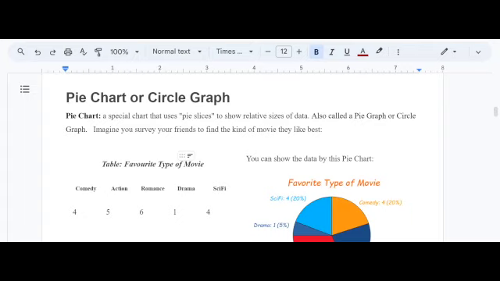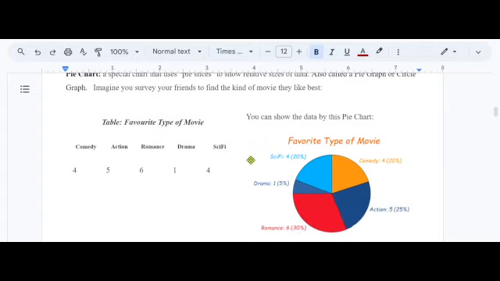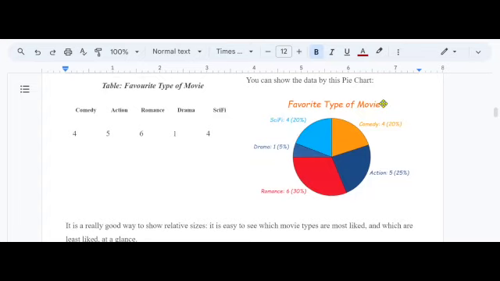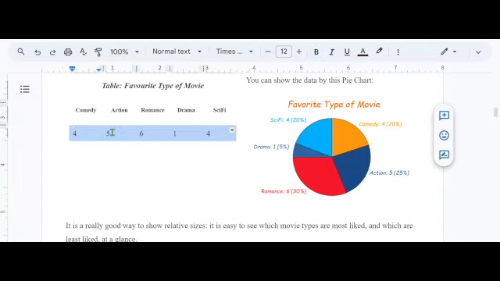As you can see here on the right side, favorite type of movies is the title, and it's color coded, according to the percentage. So how many, the frequency, what's the total here? And then you divide by all of them.